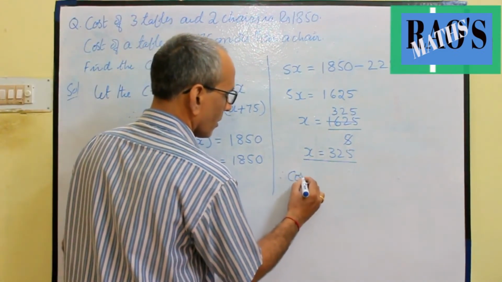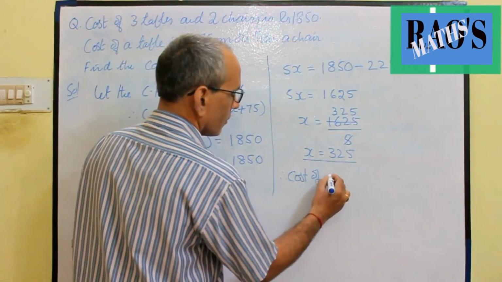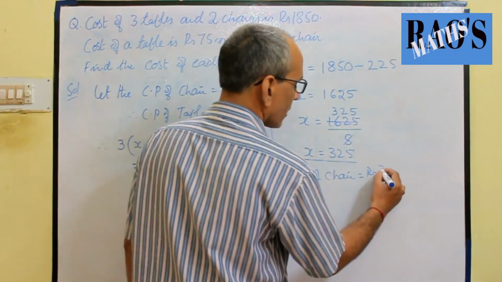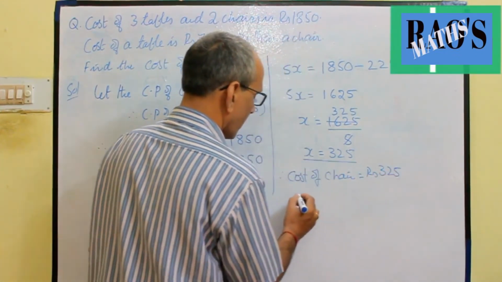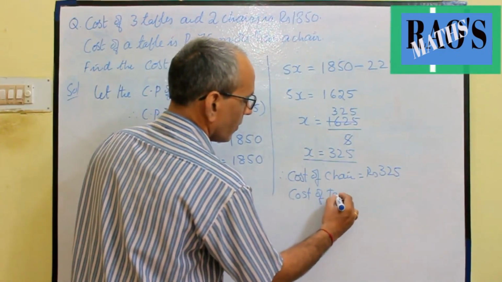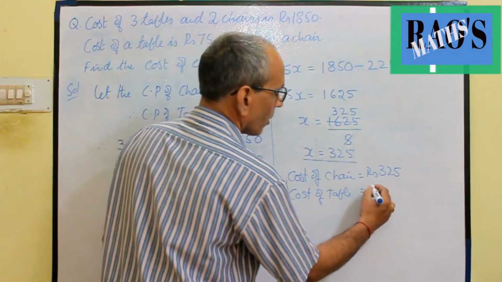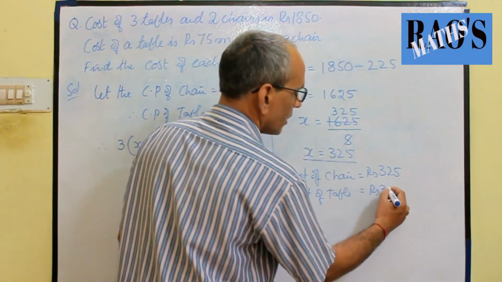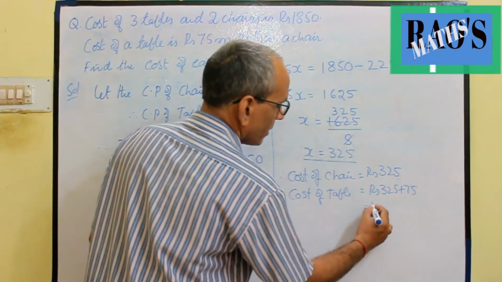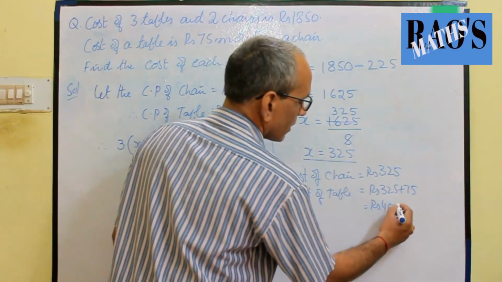Therefore, cost of chair is equal to rupees 325, and cost of table, which is 75 more than this, that is rupees 325 plus 75, that is rupees 400.